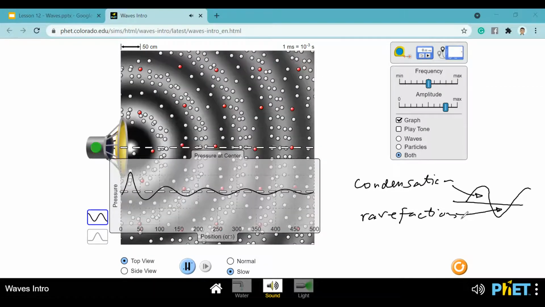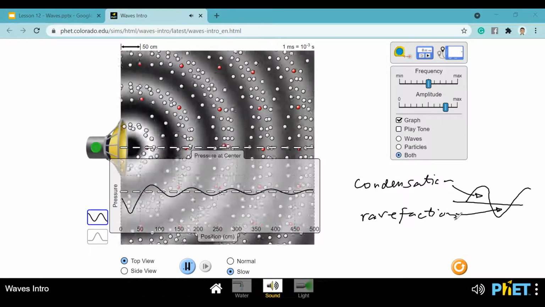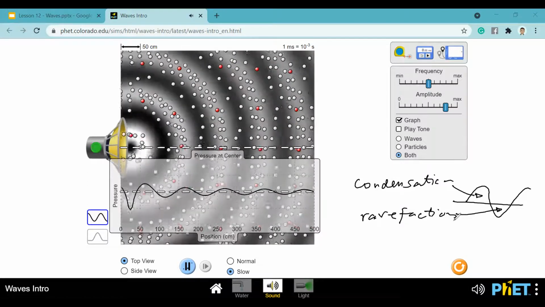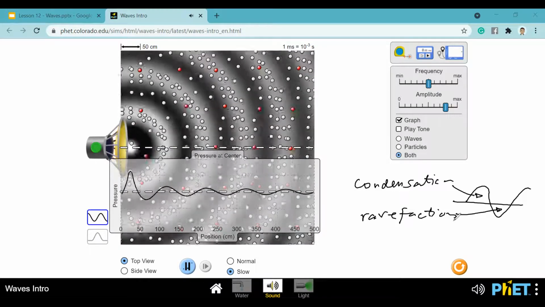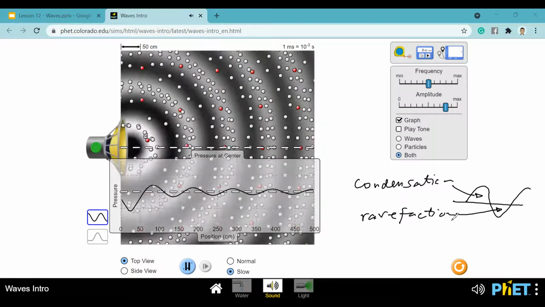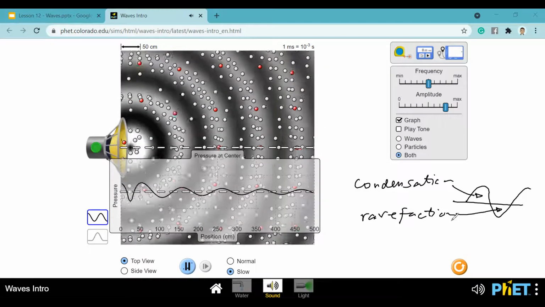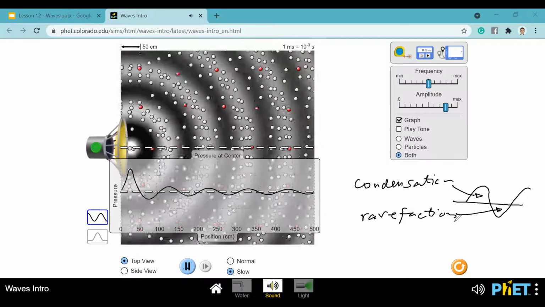The frequency is the number of cycles per second that pass by a given location. A sound with a single frequency is called a pure tone. Experiments have shown that a healthy young person hears all sound frequencies from approximately 20 Hz to 20 kilohertz. The ability to hear high frequency decreases with age.